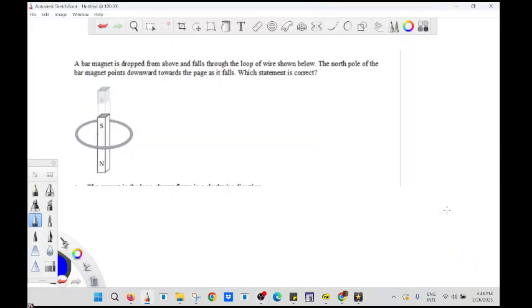Okay, so this one is to apply Lenz's law. When the magnet is falling toward the loop, here you have north and south. So what's going to happen here? The current here will flow in this direction.